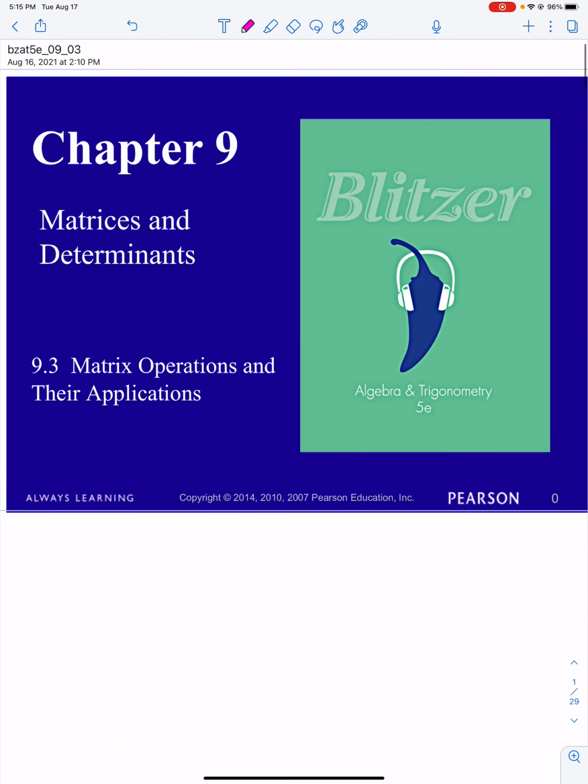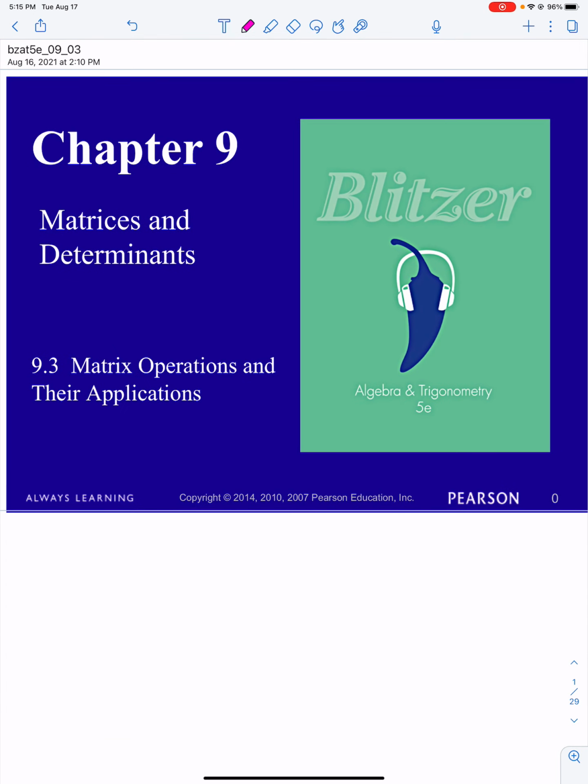Okay, so today we wanted to talk about matrix operations and their applications. First, we will have the matrix notation and understand what is meant by equal matrices and subtract matrices, and you have special restrictions here.